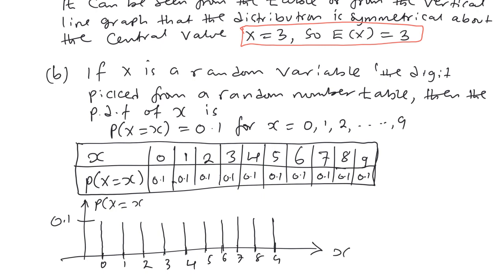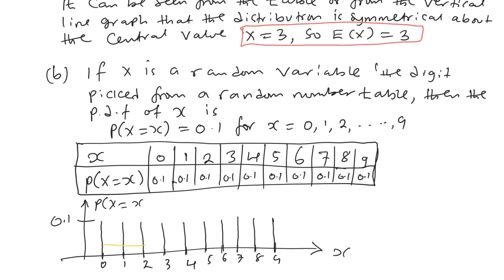So why are we saying that this is a symmetrical distribution? When I count, there are 10 values. If we look at the mean of these values, it is going to be 4.5. If we add all these values and divide by 10, then their mean is 4.5.